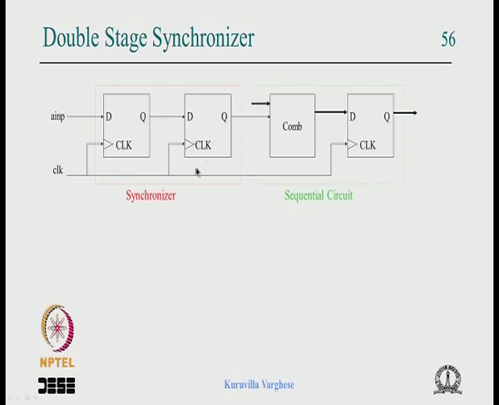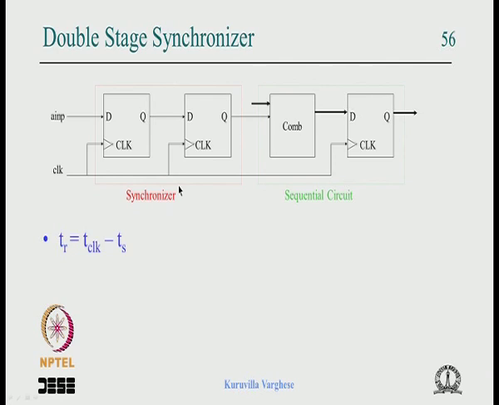Our aim is, once it gets into metastability, to decrease the probability of it remaining in metastability. So we give more time. So now you see that there is a clock period here between these two, and this has to resolve, setup time before the clock period.